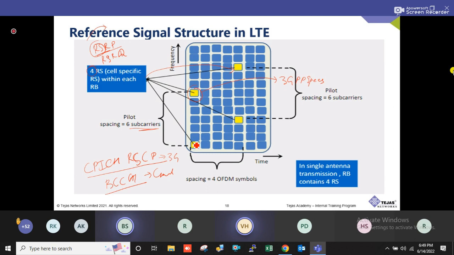You can see here, 6 subcarriers. In the time domain, there is a gap of 4 OFDM symbols. This is how the reference signal has been designed, and it is purely used for channel estimation.